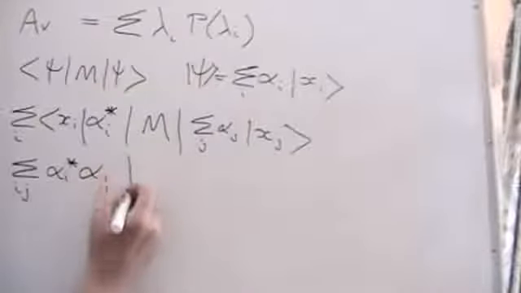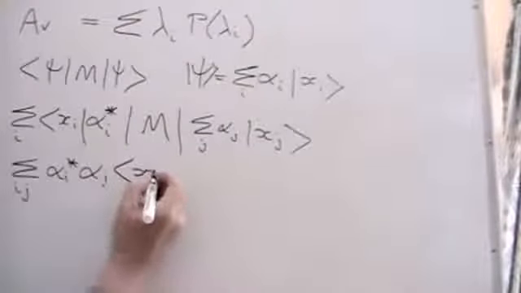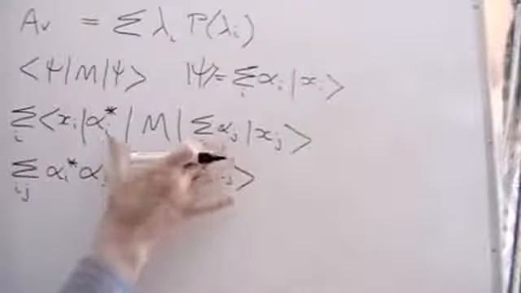We can always bring the numbers on the outside, because these of course are just going to be numbers. They are going to be real numbers as it happens, but so we're going to have a sum over ij, because we've got sums i and j. We've got alpha i star and alpha j, and then in here we've got xi m xj, because those two numbers have been brought outside.